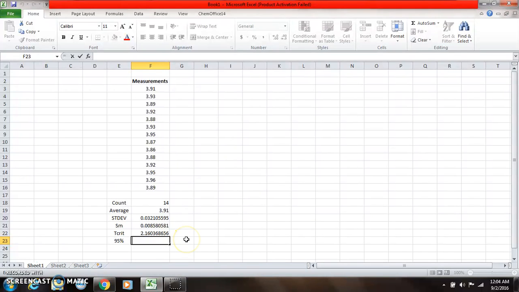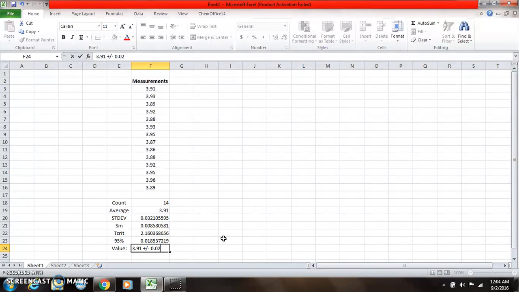So then to get your uncertainty at the 95% confidence level, you would just take your t-crit and multiply it by your standard error, and you get an uncertainty value of 0.0185. So now to actually report this value with the uncertainty, you would report it as 3.91 plus or minus 0.02.